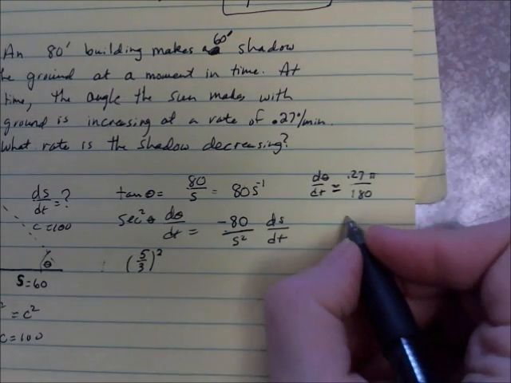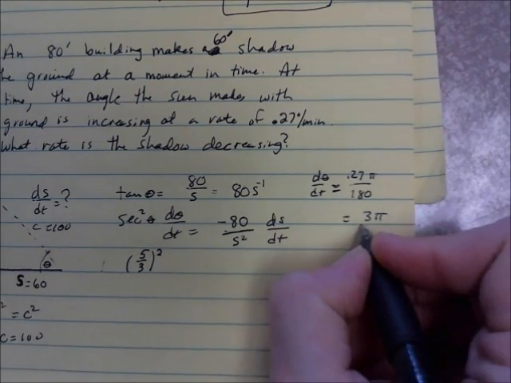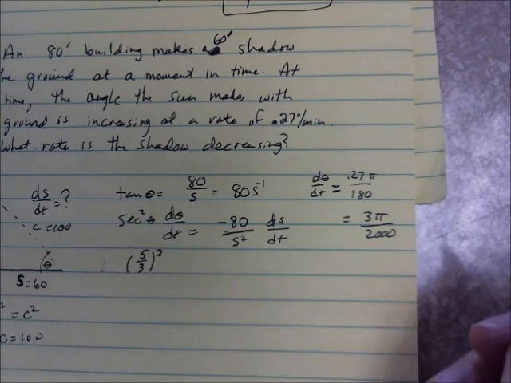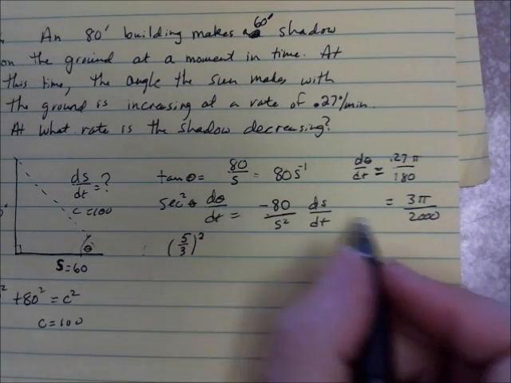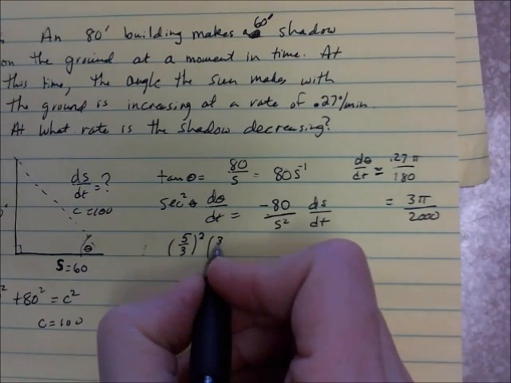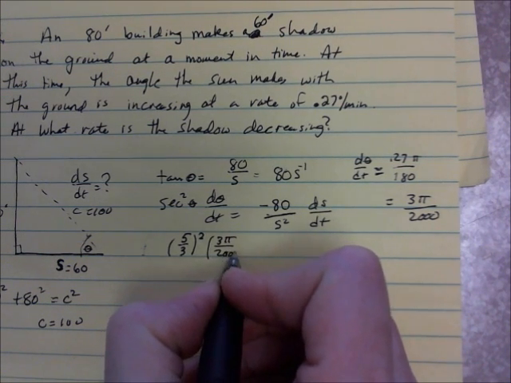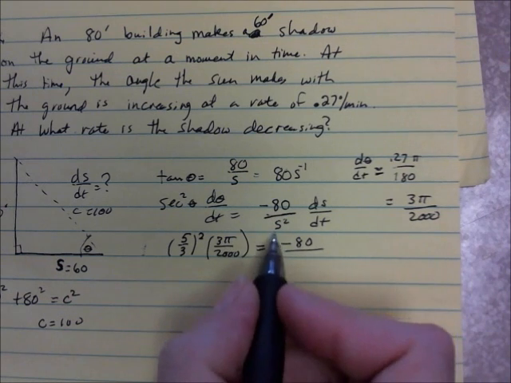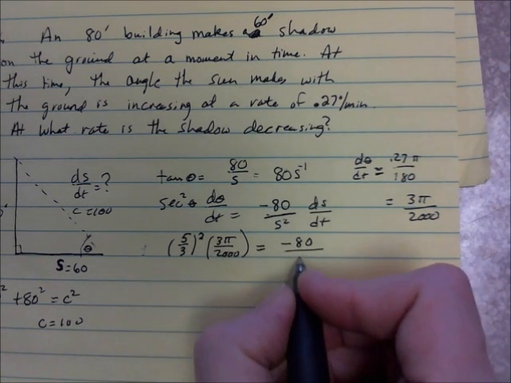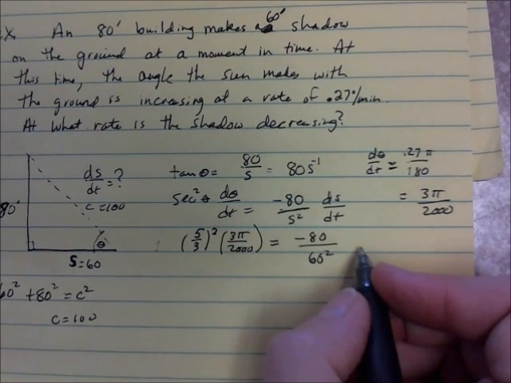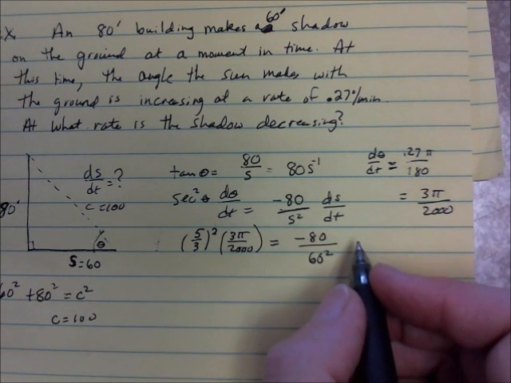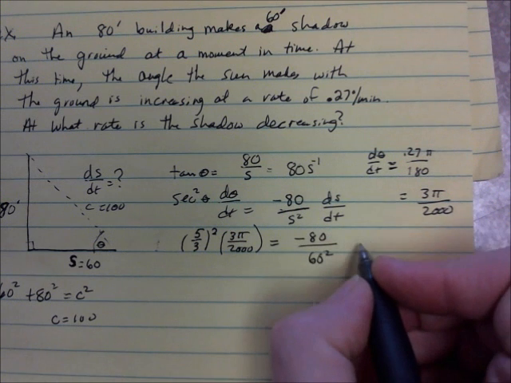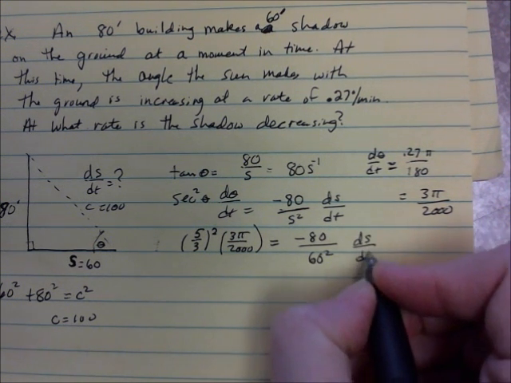So dθ/dt is actually 3 pi over 2,000. So we'll plug that in for dθ/dt. 3 pi over 2,000 is equal to negative 80 over, now we can plug in s is equal to 60, so we have 60 squared, and what we're asked for is ds/dt. So we'll just put in ds/dt.